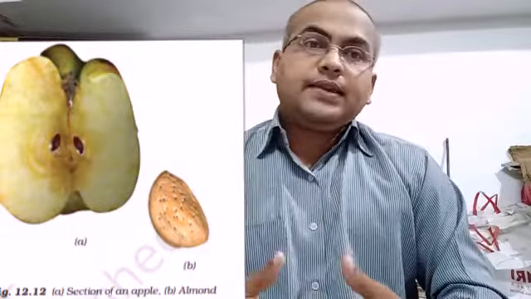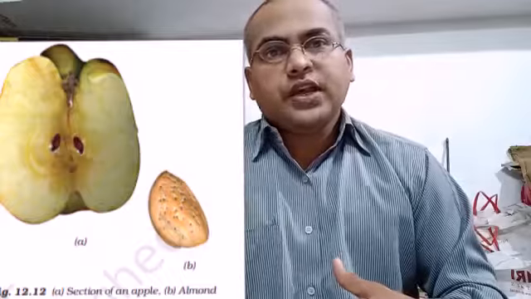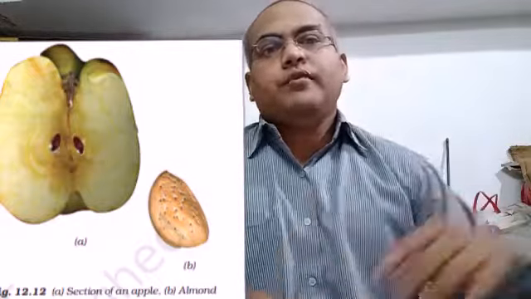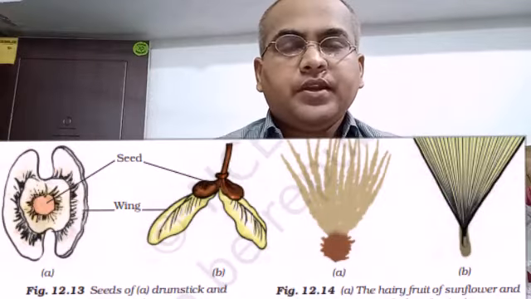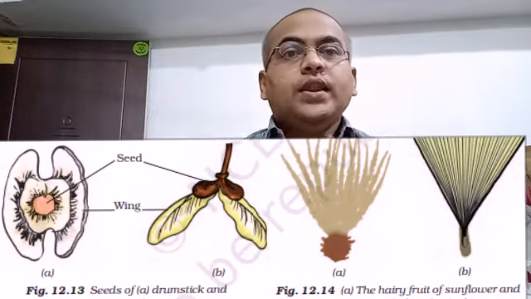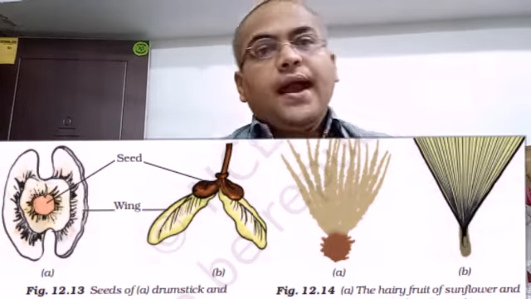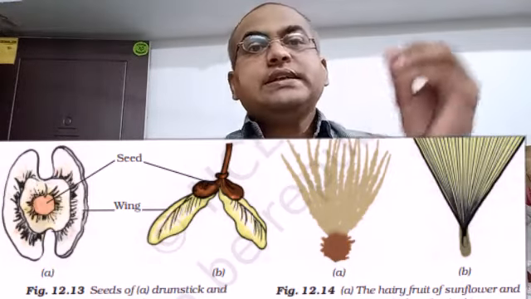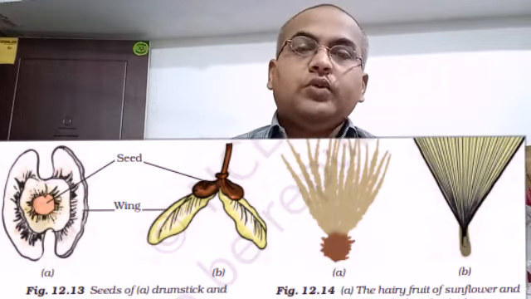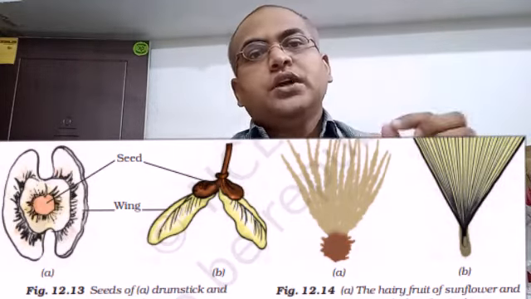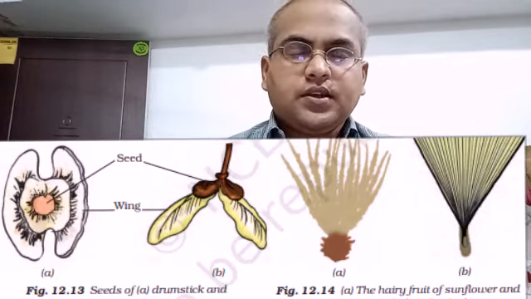After the formation of the zygote, a new embryo will develop. In this development, the ovary will grow as a fruit and the ovules will grow as seeds.